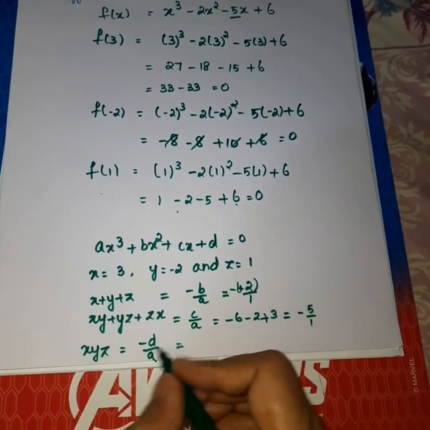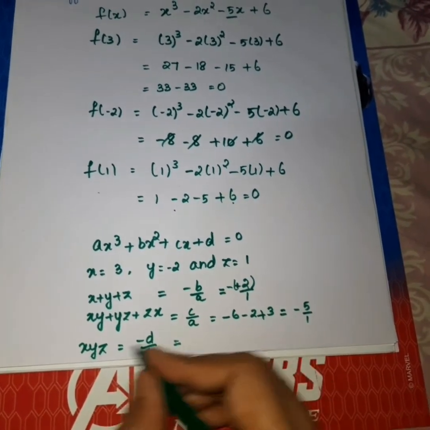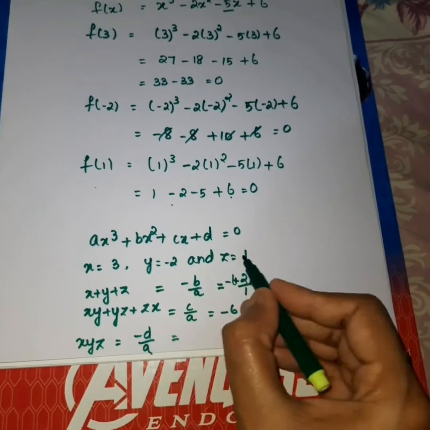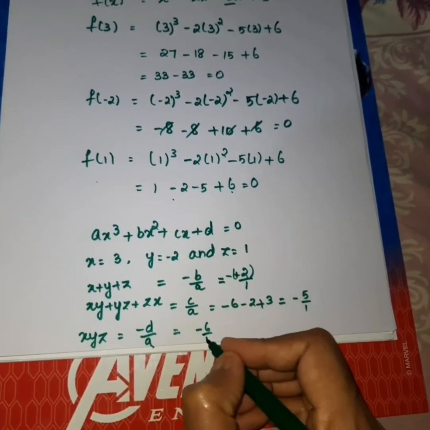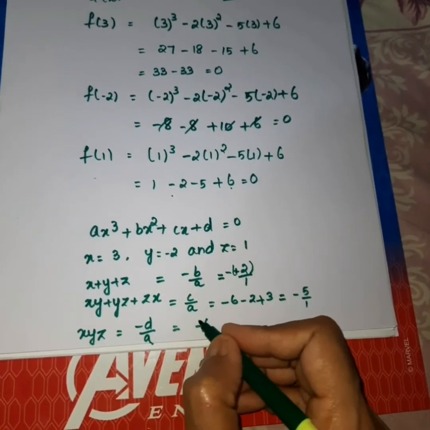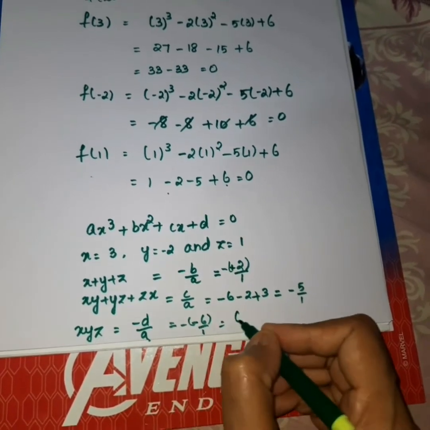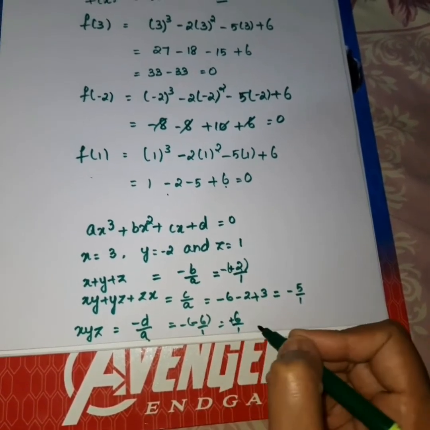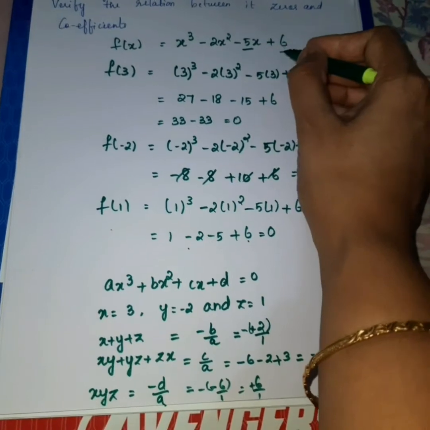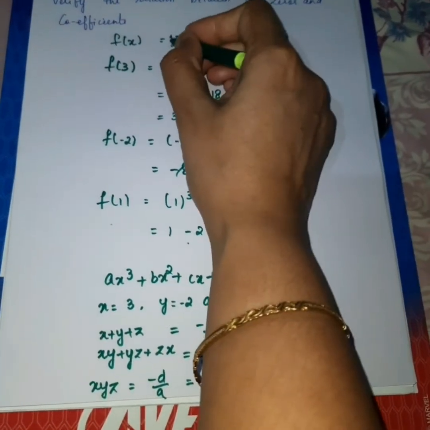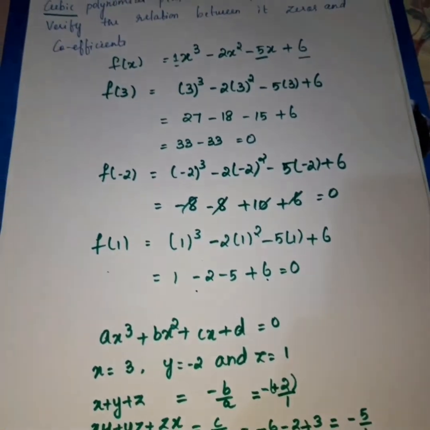Next, we see the product of zeros. So 3 into minus 2 is minus 6, minus 6 into 1, minus 6, equals minus d by a. So the constant has the value plus 6. So it's verified for the given polynomial. Constant is plus 6 and a value is 1, the coefficient of x cube is a.